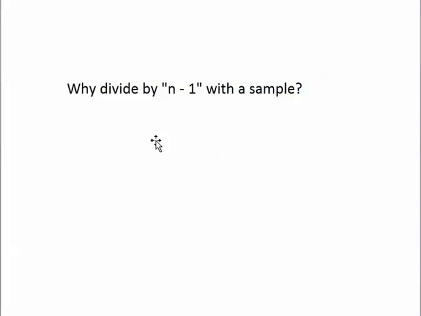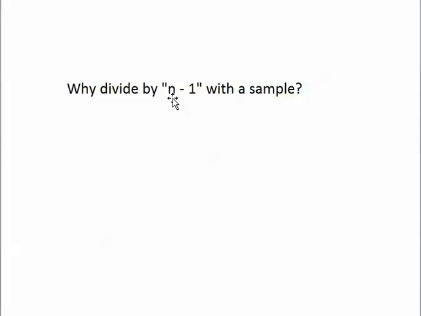When you drop that number down by 1 and you do the adjustment, you're dividing by a smaller number. And when you divide by a smaller number, you get a bigger answer.